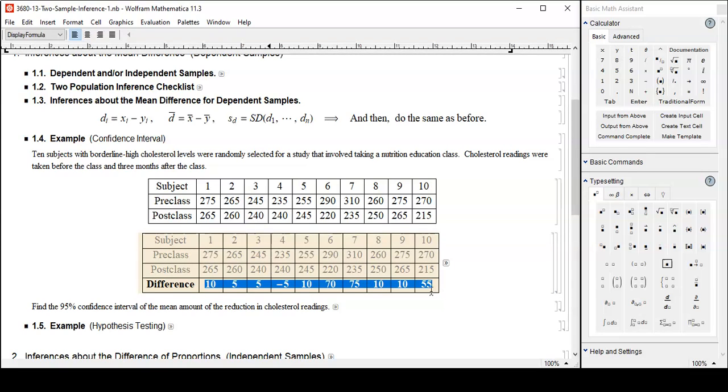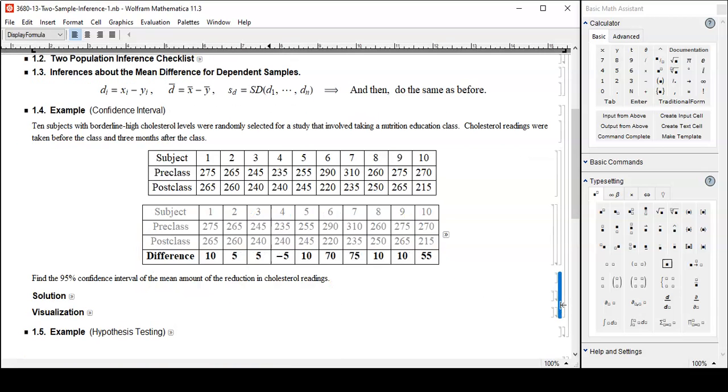We just have a sample of 10 people and all these cholesterol levels, and these are all coming from measurement, so we can assume that the cholesterol levels must be normally distributed, and we can do interval estimation, kind of like this. Find a 95% confidence interval of the mean amount of the reduction.